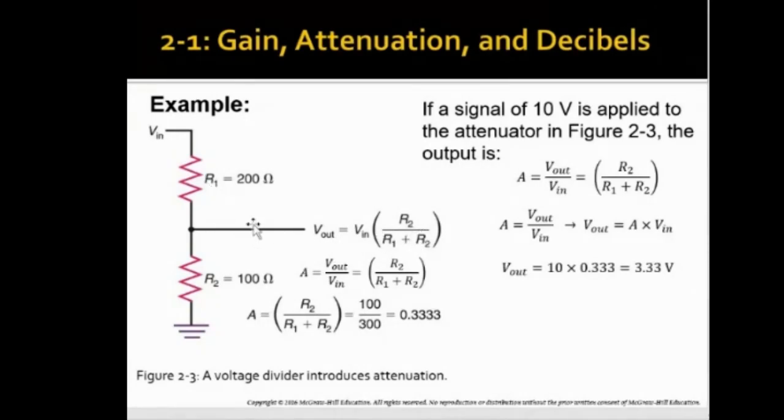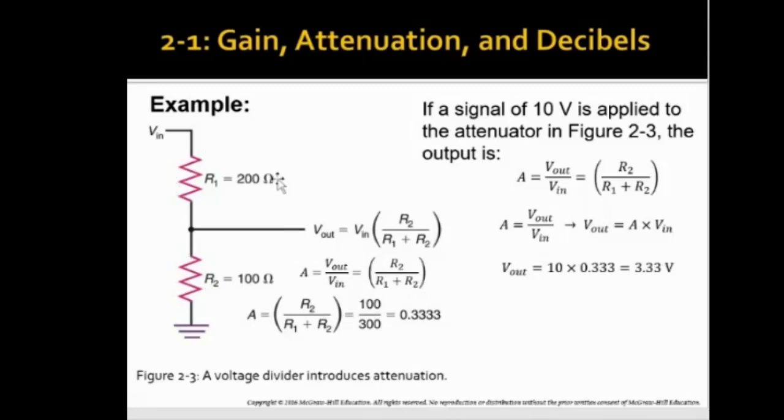We write a voltage divider: V out equals V in times R2 over R1 plus R2. Then gain is output over input voltage. If you solve this equation to get V out over V in, the resulting equation is R2 divided by R1 plus R2.